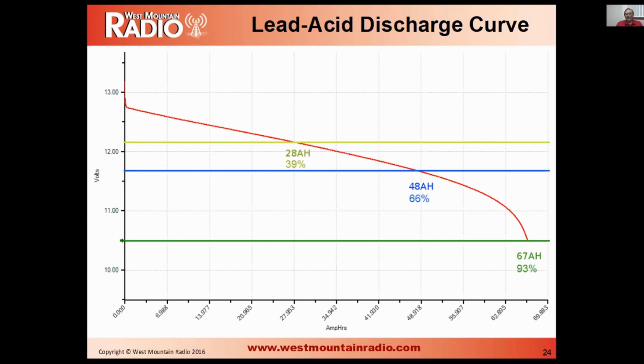So effectively, if you're interested in transmitting, you're only going to have 66% of the life out of that battery before you hit that 11.7 volts. And if you have some additional losses in the station, cable losses and stuff, that brings it down to like 39% on the yellow line up there. So this is just a discharge curve on a typical lead acid battery. This is just a typical car size battery that we're looking at here.